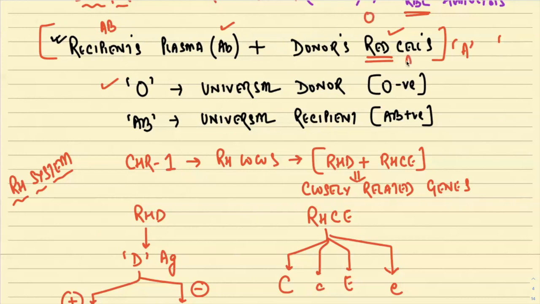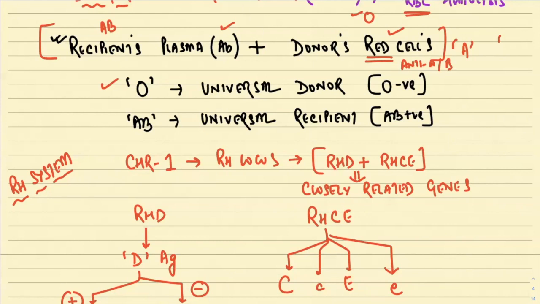Over here, AB antigen is absent, but anti-A and anti-B are present in the plasma of the group O individual. So that can interact with the AB of the recipient. But remember, because the amount of blood that we are giving from the donor is very small, this reaction is very, very less, and we have to ignore it.